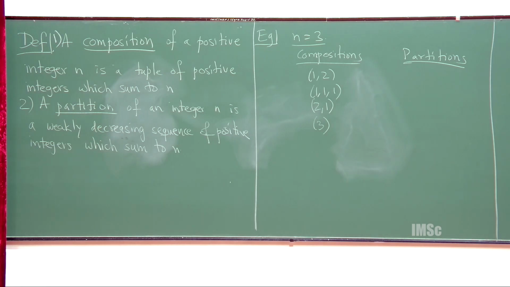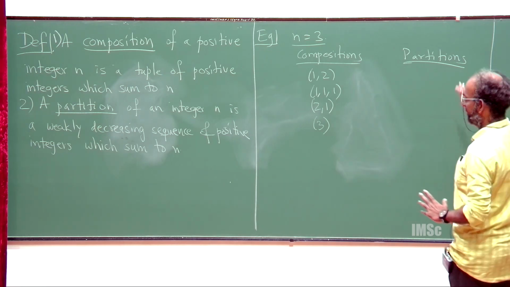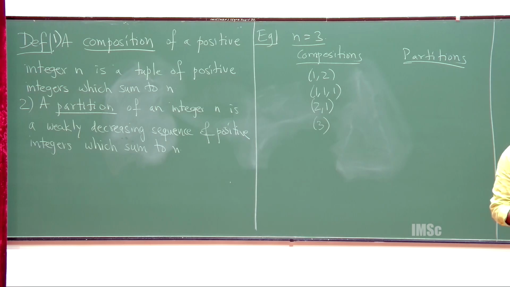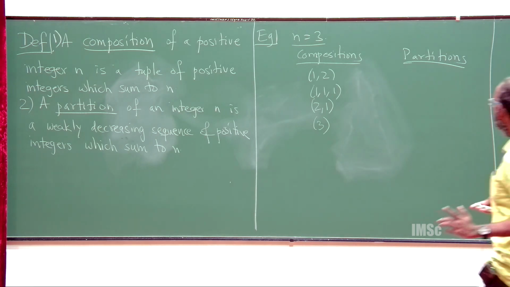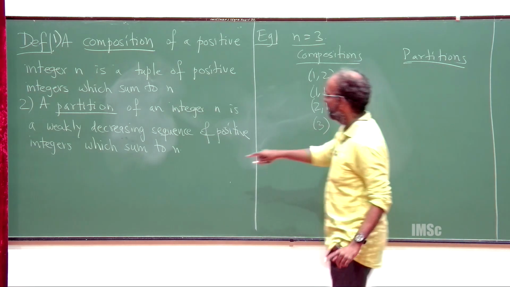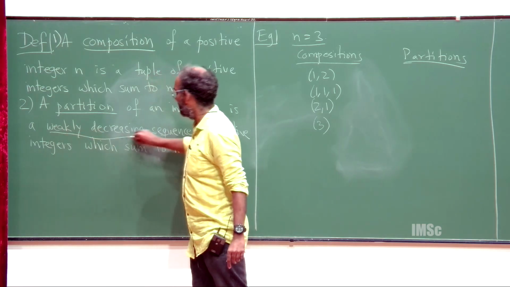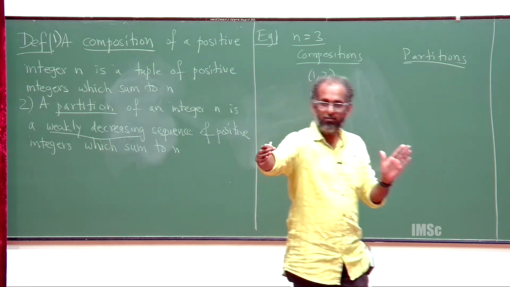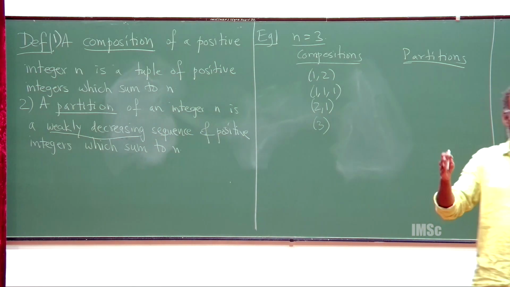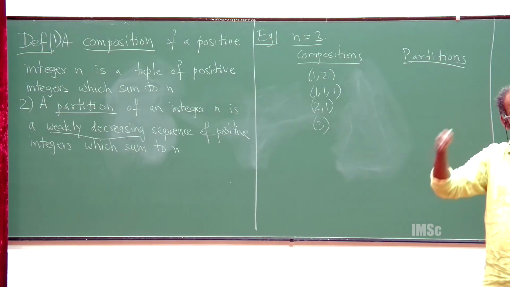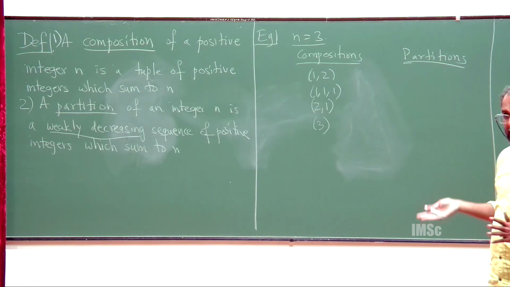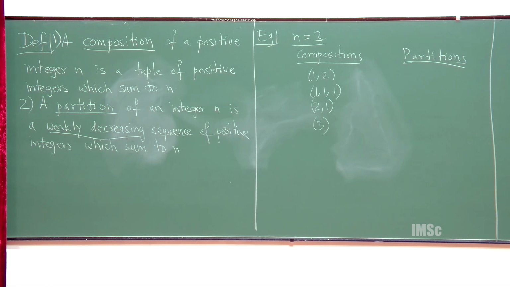All right. Partitions now. Can you give me a partition of 3? 1, 2. Okay, so 1, 2 does not work because it's weakly decreasing. As you read from left to right, the numbers should either be equal or decrease. Another way of saying weakly decreasing is non-increasing, but I don't like that because it suggests increasing.